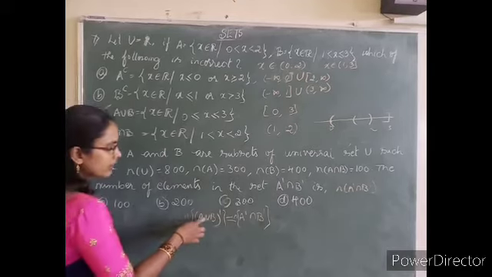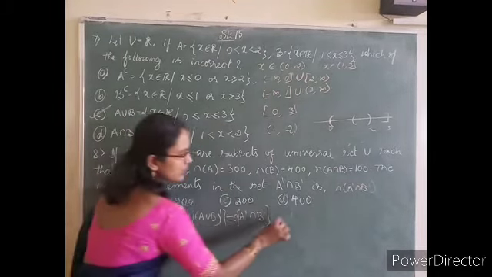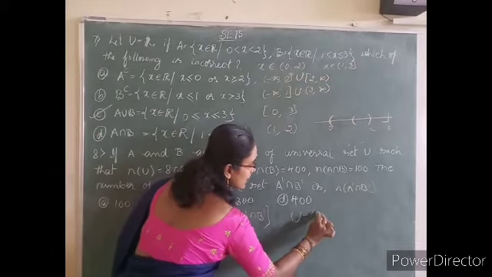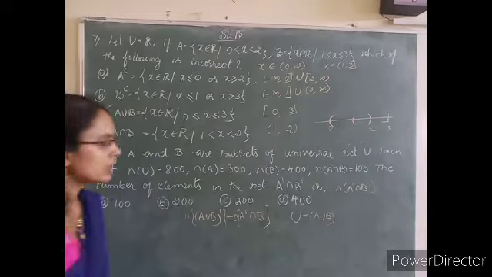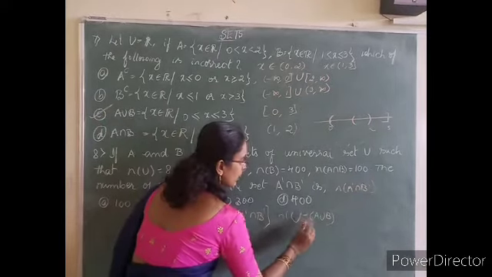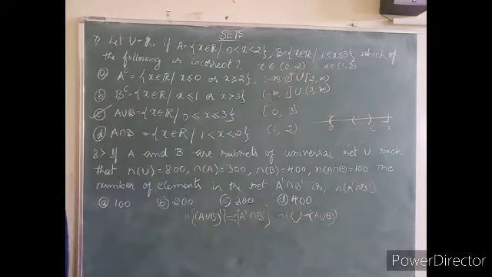And A union B whole dash is nothing but the universal set minus A union B. So n of U minus n of A union B gives the value of n of A dash intersection B dash.